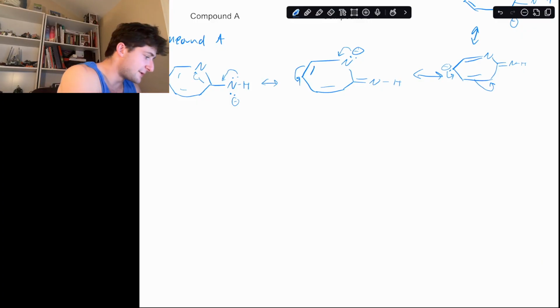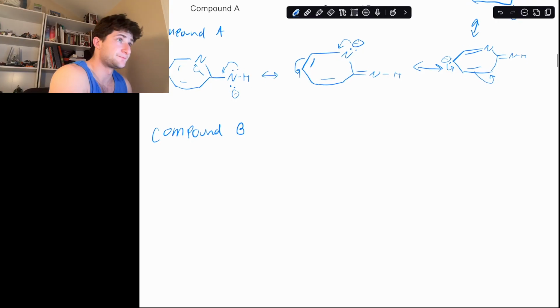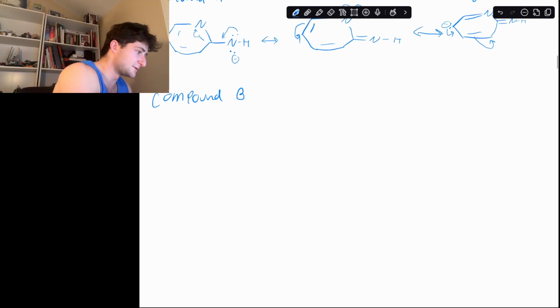Now we'll do compound B. So it's pretty much the same, except this one had nitrogen over there.